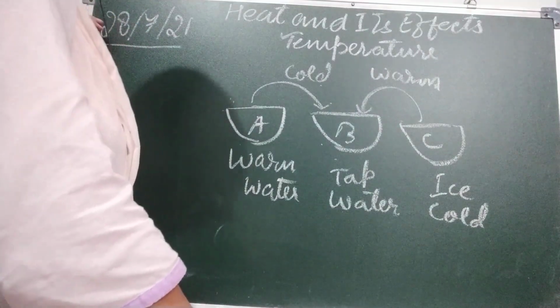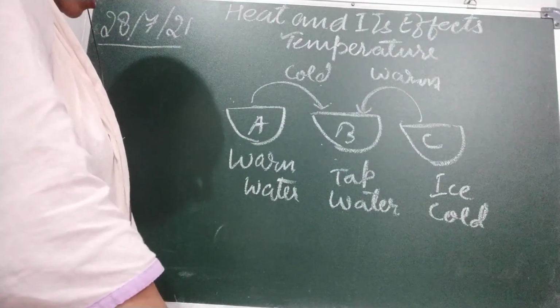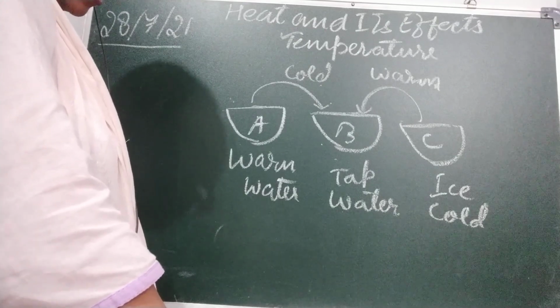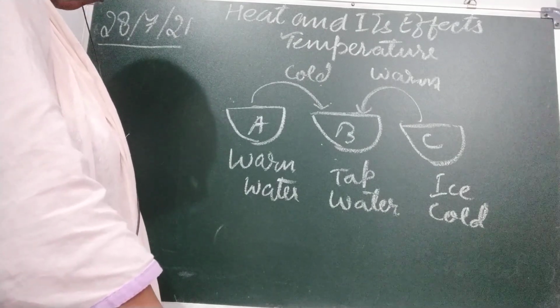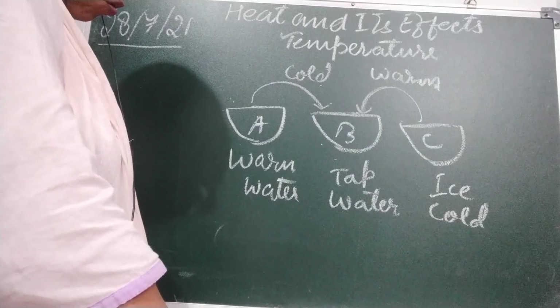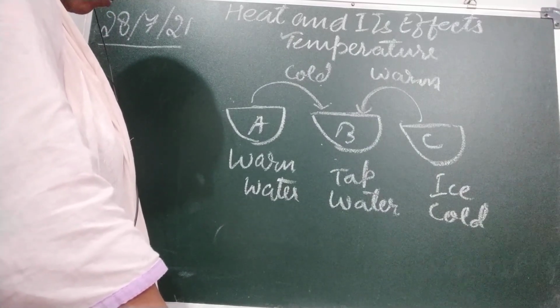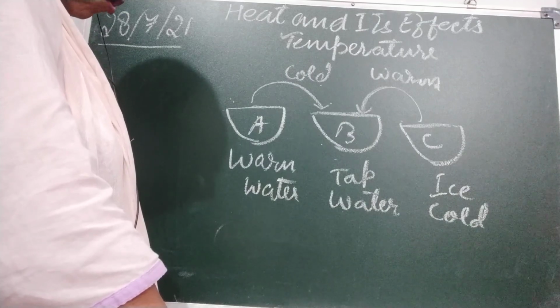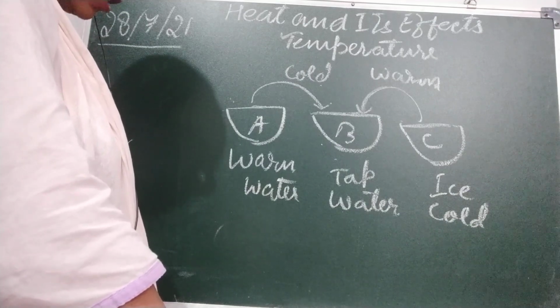This is so because the sensation of touch is relative. When your hand comes from hot water to warm water, you feel the water is cold, and when your hand comes from ice cold water to warm water, you feel the same water is hot.